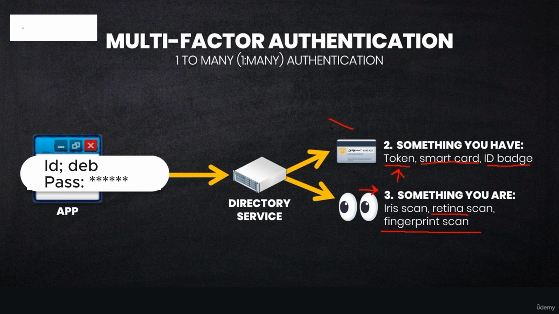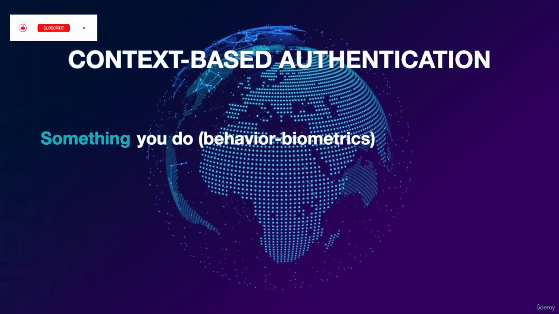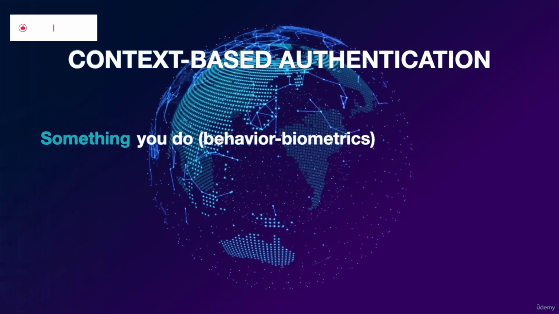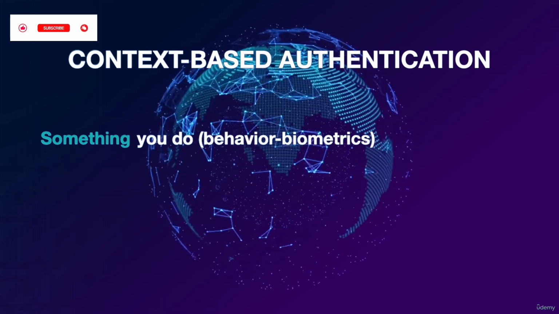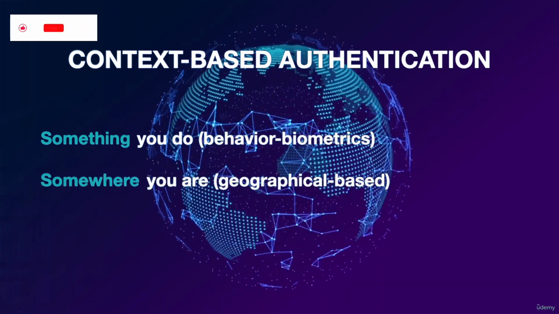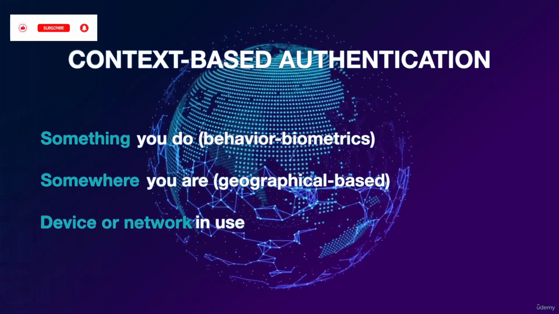Now, there's also context-based authentication as well. This has to do with something you do, or behavior-based biometrics. Somewhere you are, geographically based, and then also the device or the network in use, right? So the context of where authentication replaces the need for password-based authentication.